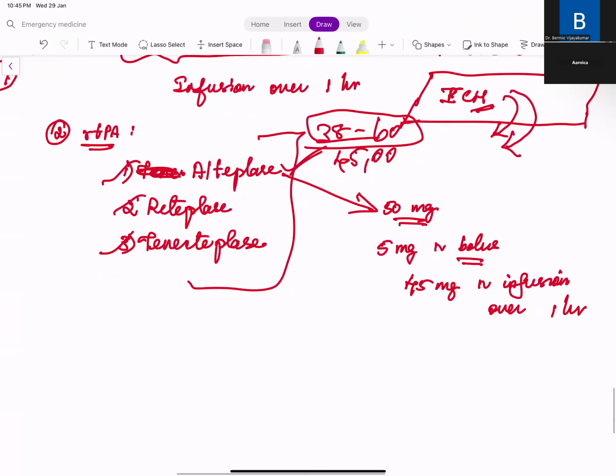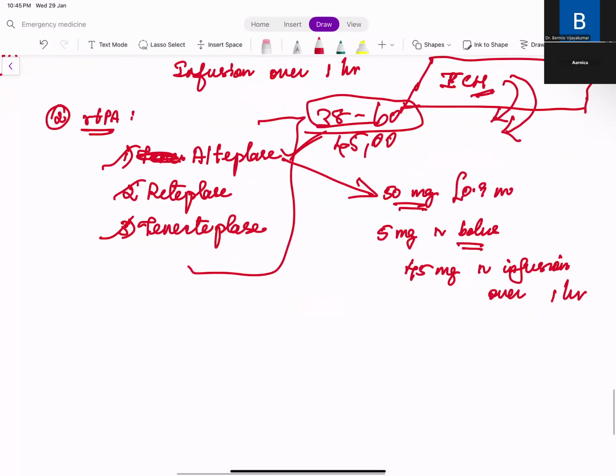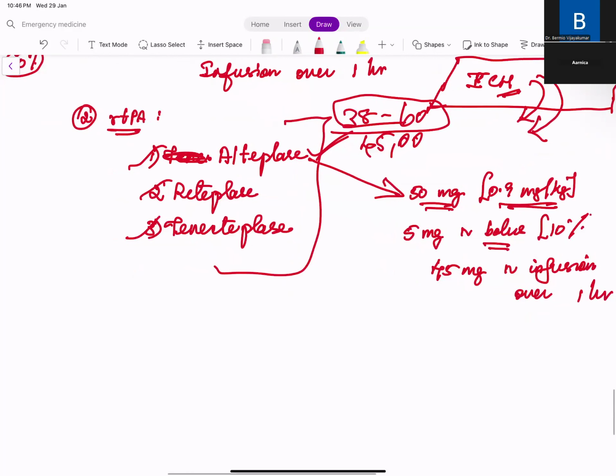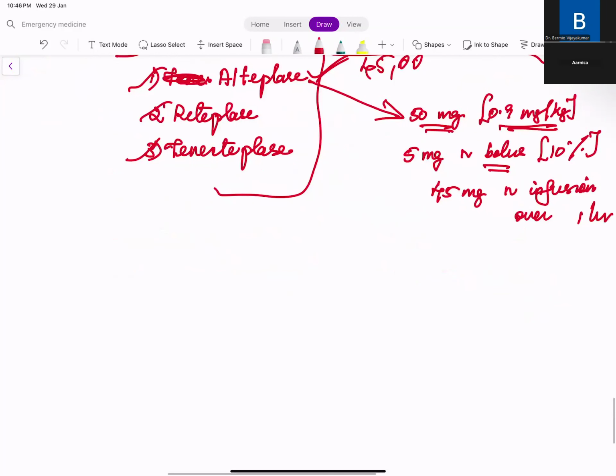It's not a fixed 50 milligram. It is actually 0.9 milligram per kg. For example, for a 50 to 60 kg person, 50 milligram will be the dose required. For a 100 kg or 110 kg person, it will be 100 milligram. The first 10% of the dose, 5 milligram, should be given as IV bolus. The remaining 90% should be given as infusion.